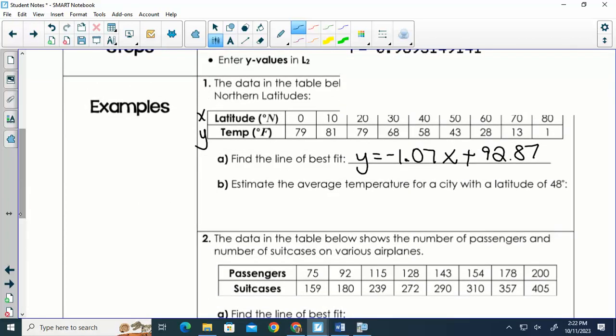Estimate the average temperature for a city with a latitude of 48. So latitude, was that X or Y? X in my table, so that means my X is 48. So I'm going to plug that into my equation.